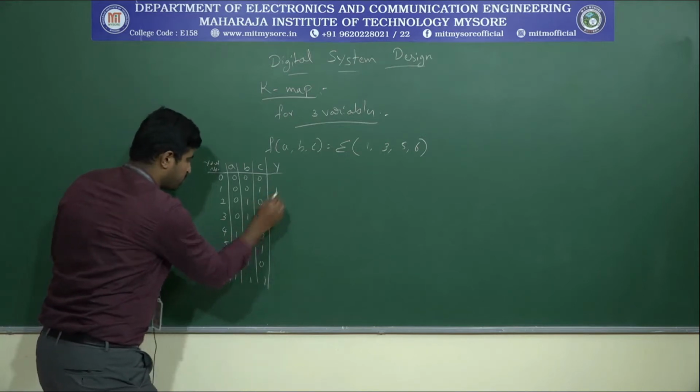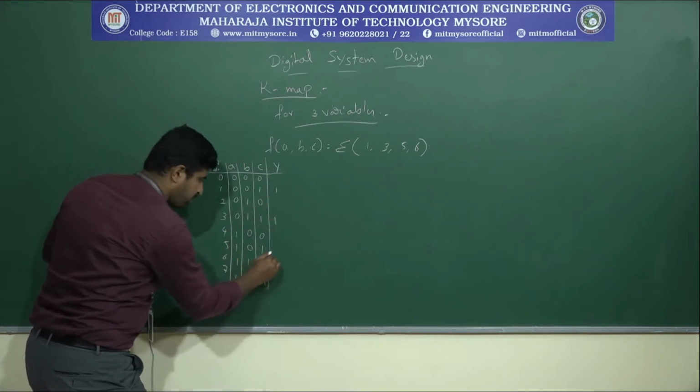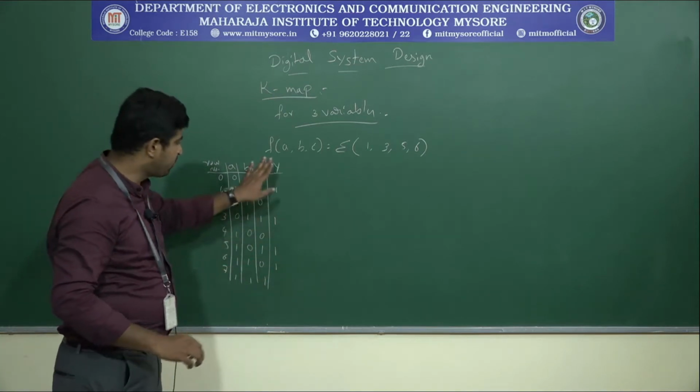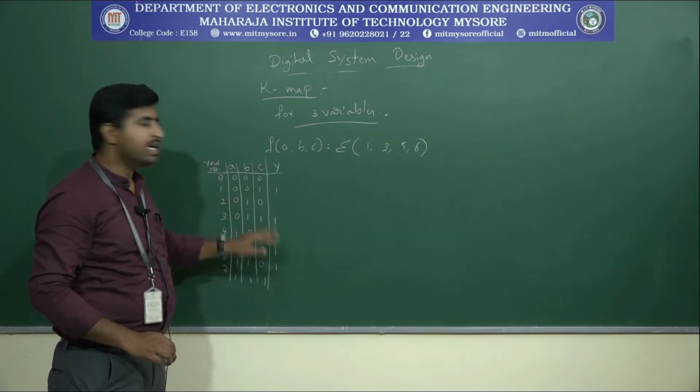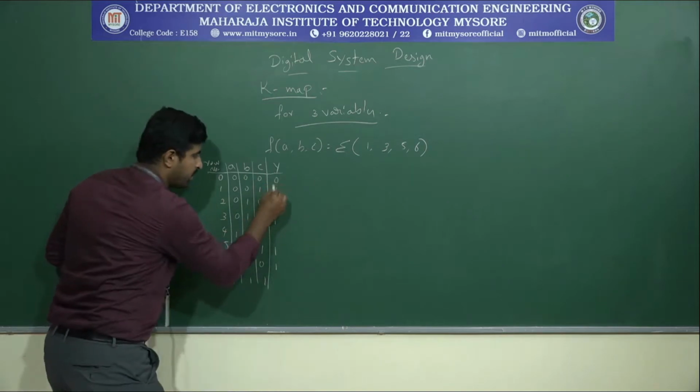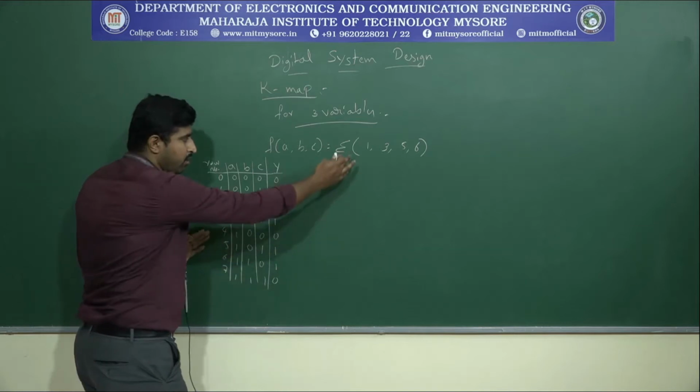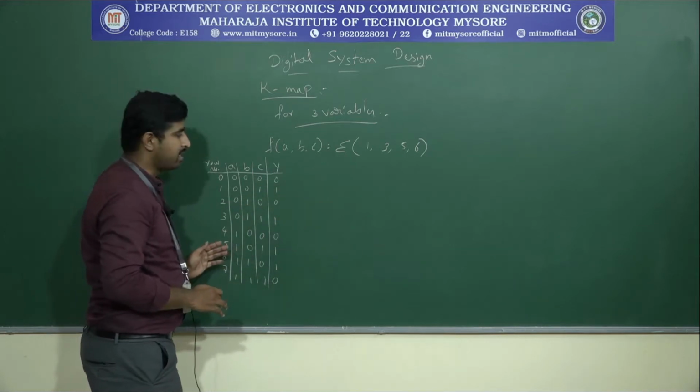So this means that for row numbers 1, 3, 5, 6, the output will be logic 1. So 1 is logic 1, 3 is logic 1, 5 is logic 1, and 6 is logic 1. The remaining will be 0. So this is the truth table according to this equation, right?